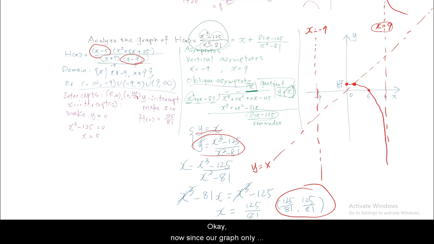That's why on one side it's going down, the other side will go all the way up to infinity. Okay, now since our graph only intersects y equals x once, as x goes to infinity, your graph will get closer and closer to y equals x, but never touch it again. All right, now let's keep going from here. We don't have another x-intercept, so obviously this will go up.